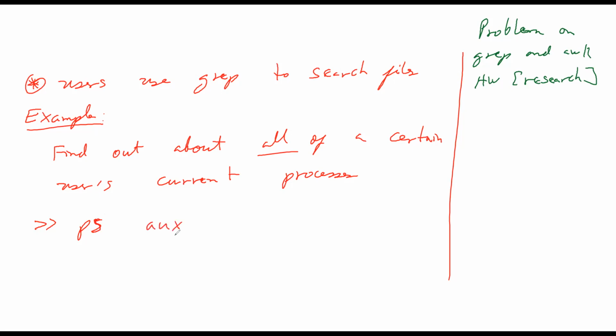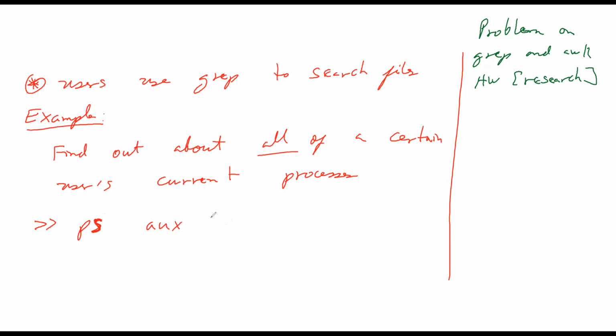You can always look these up in the man pages. That gives you basically all the processes that should be running in the system, right? Now that's going to generate an output, but that output still needs to be searched so that we can find every one of those processes that is associated with the user.